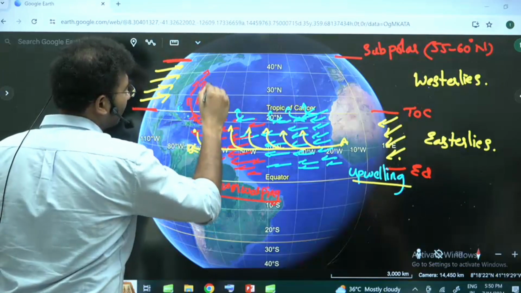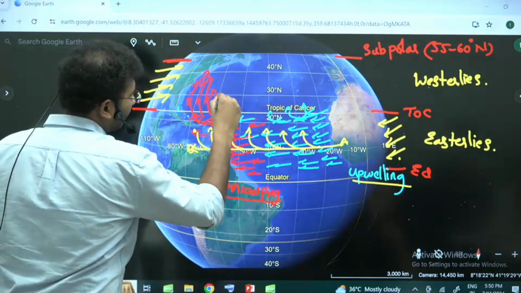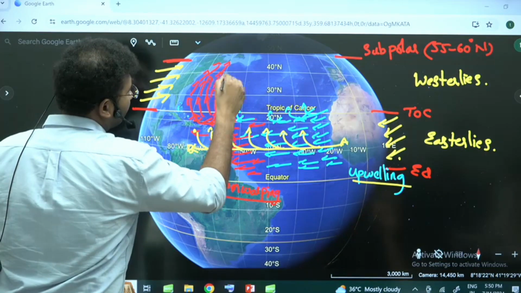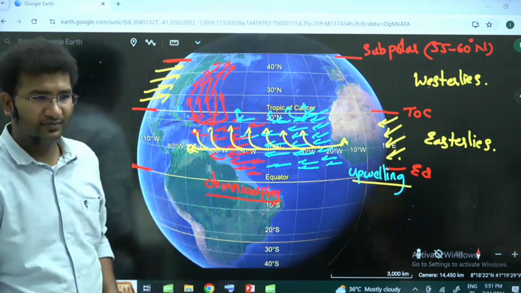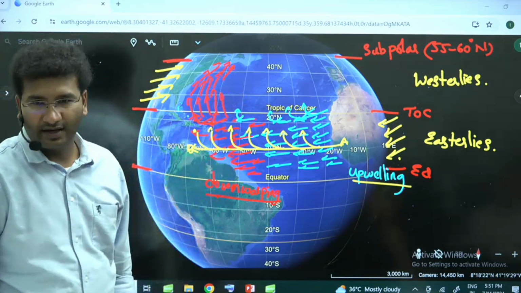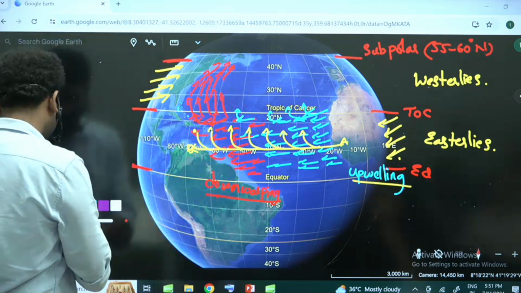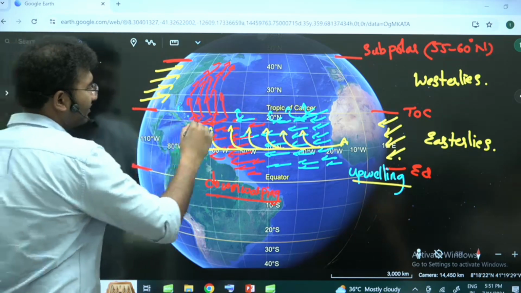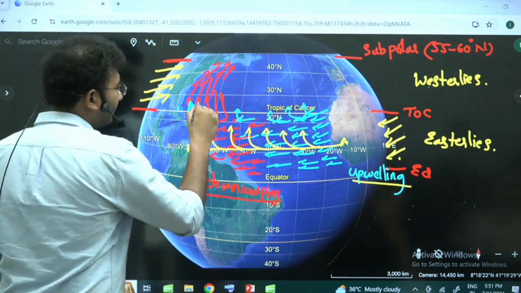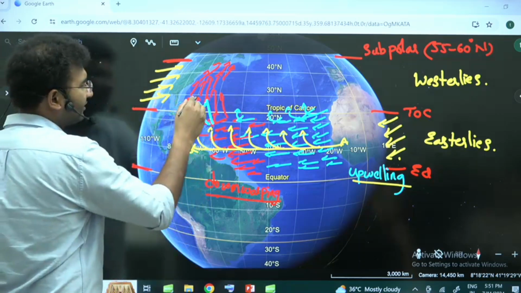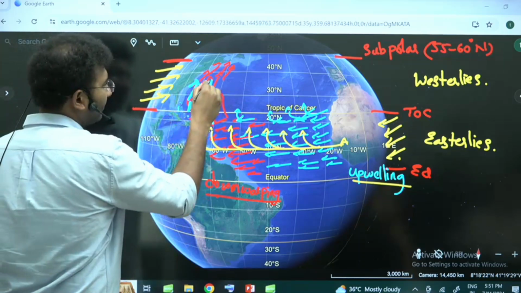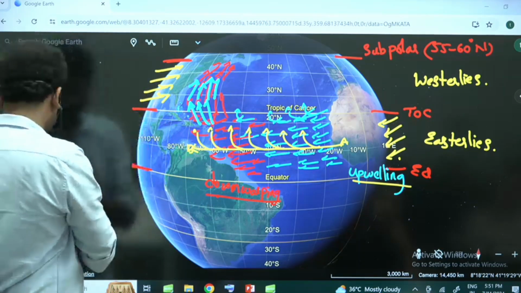Why are they moving towards the north? Two factors are there. One, Coriolis force. Okay? And again, as soon as you come to this part of the area, it is entering the westerlies belt. You have come to the westerlies belt, right?